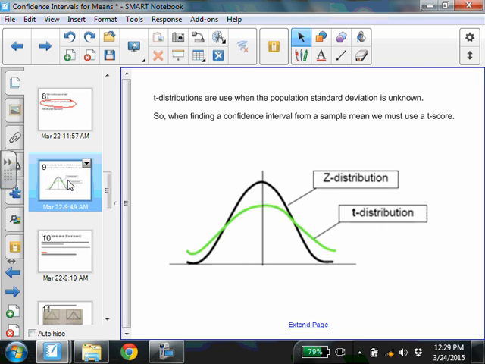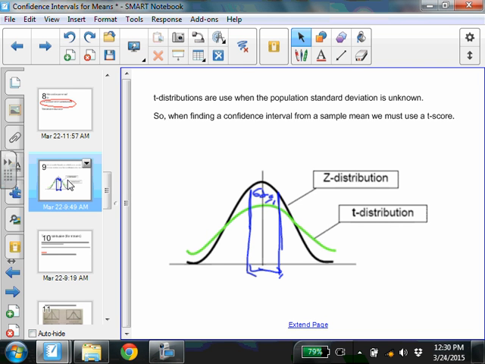Okay, so if the z-distribution, let's see if I can illustrate this for you. If we move one standard deviation to the left and to the right, we expect the z-distribution to contain how much data in there? Do you think a t-distribution has 68% of the data within one standard deviation?